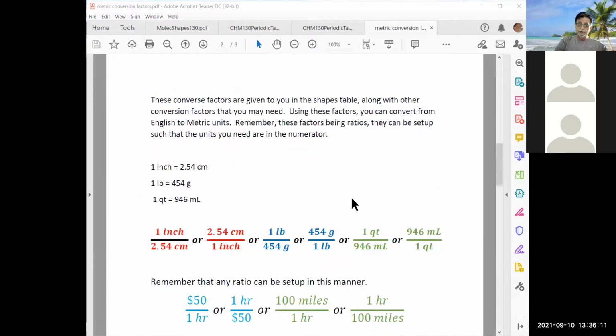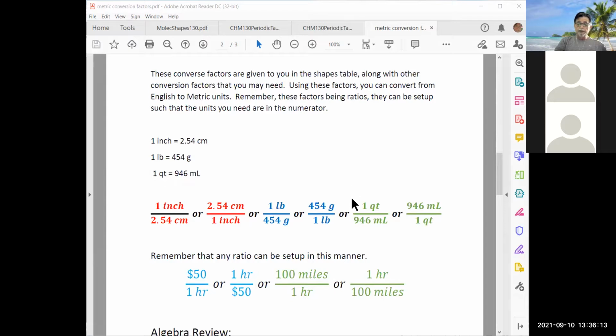So, a couple other things. We give you in your shapes table 3 conversion factors. 1 inch is equal to 2.54. These conversion factors are to get us from English to metric or metric to English. Okay. And we got 1 pound is equal to 454 grams and 1 quart is equal to 946 milliliters.